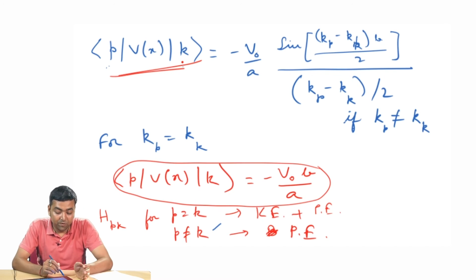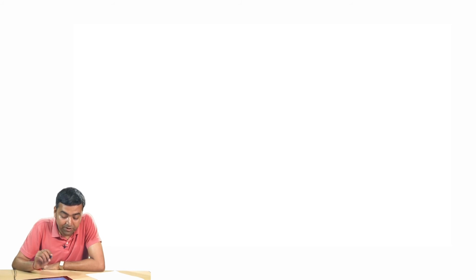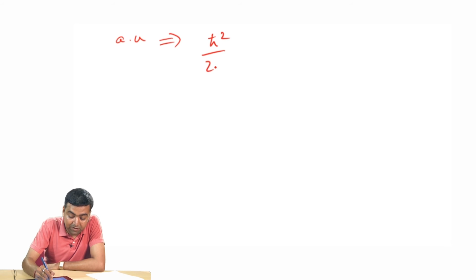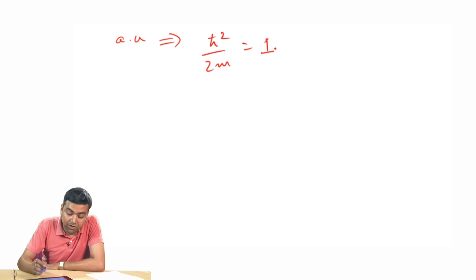So, what we will do is, we will now write a program to solve these things. In order to simplify our life, we will use atomic units. What I mean by atomic units is, I will assume that h cut square by twice m equals 1.